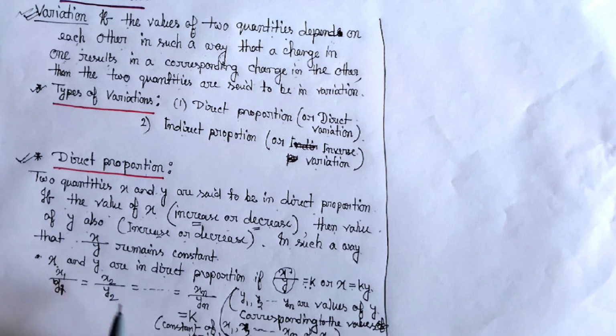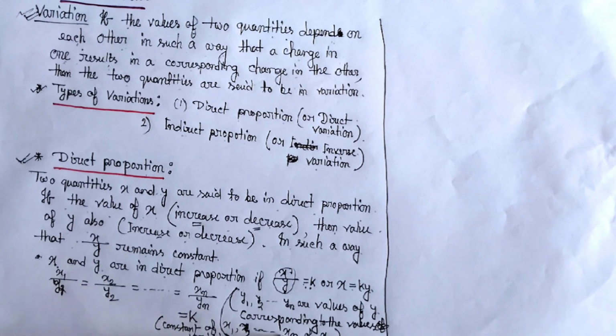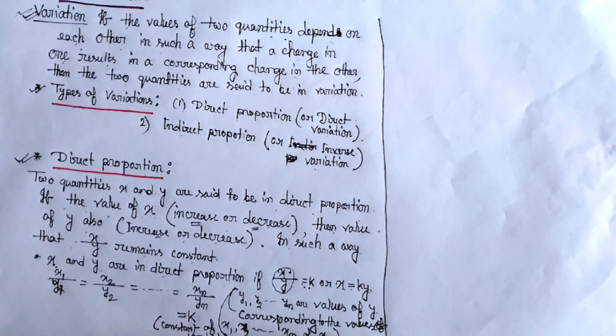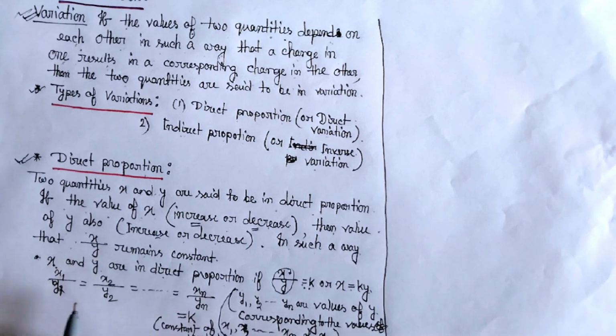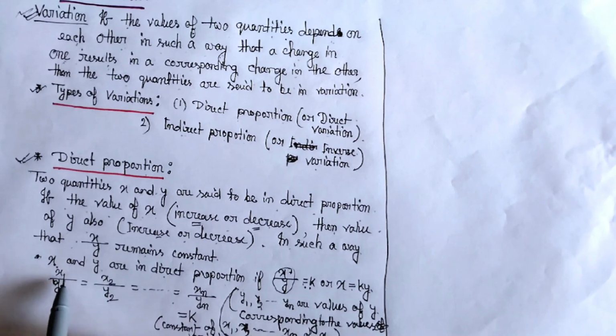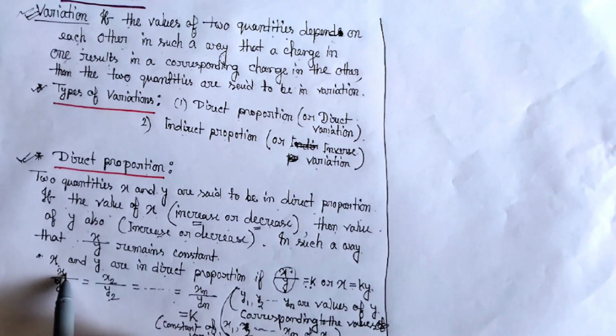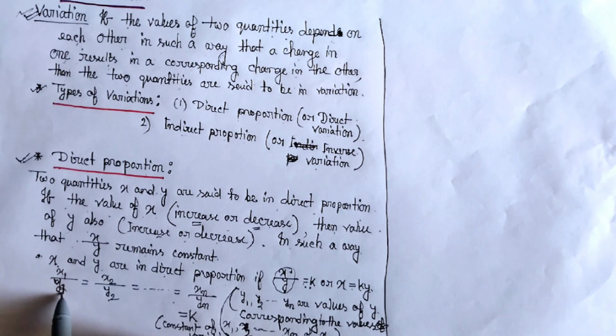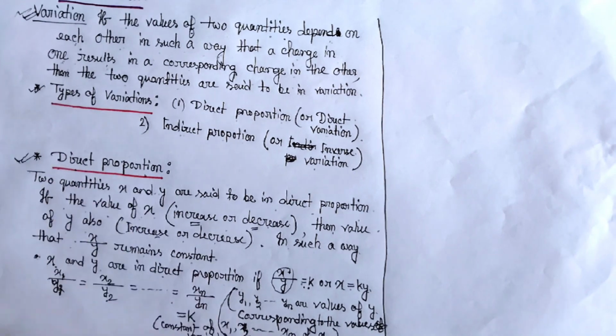Suppose x1, x2 and so on up to xn are the values of x corresponding to y1, y2 and so on up to yn, the values of y. That means if one quantity increases, then the other also increases, or if one quantity decreases, then the other also decreases. It is called direct proportion.